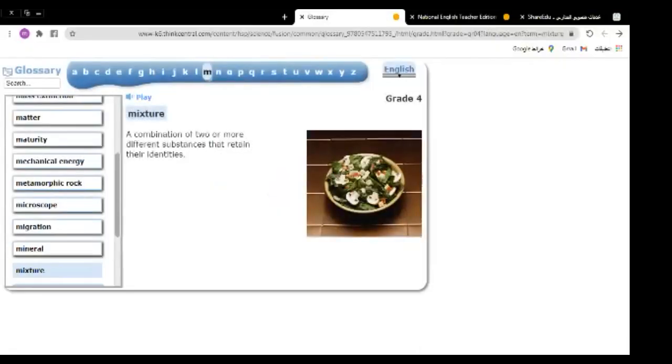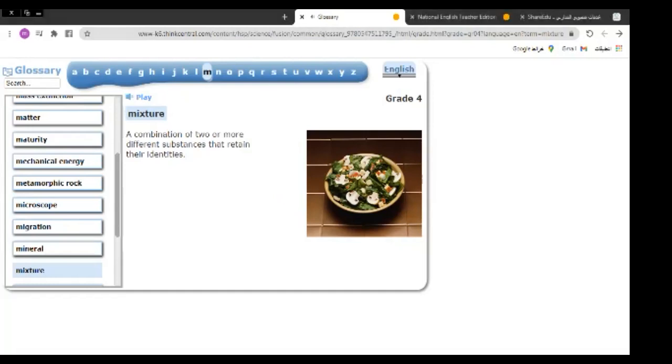Let's see what is mixture. Mixture. A combination of two or more different substances that retain their identities. Ahmed Mahjoub. Yes. Mixture. Read it.